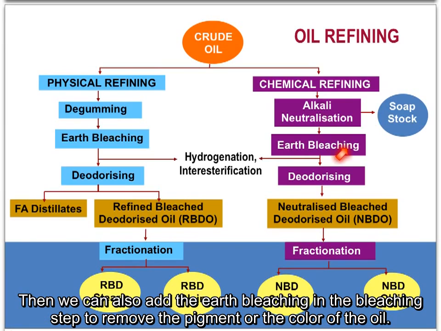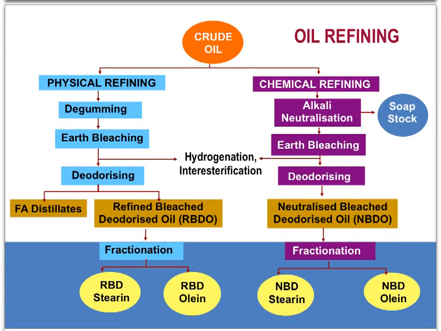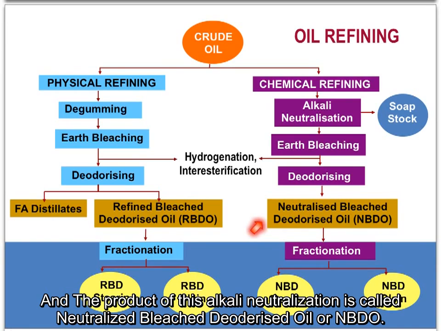Then we also add the earth bleaching. This is a bleaching step to remove the pigment or the color of the oil. Then the deodorization process to remove the free fatty acid, and the product of this alkali neutralization is called neutralized bleached deodorized oil, or NBDO.